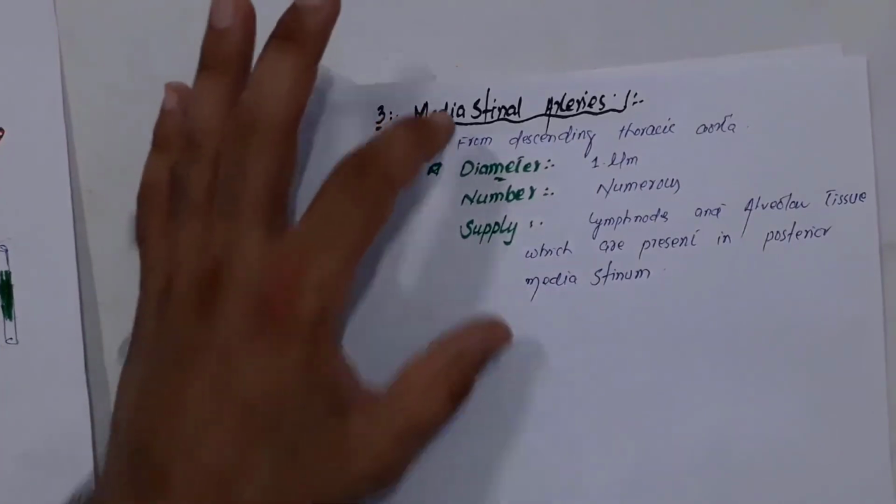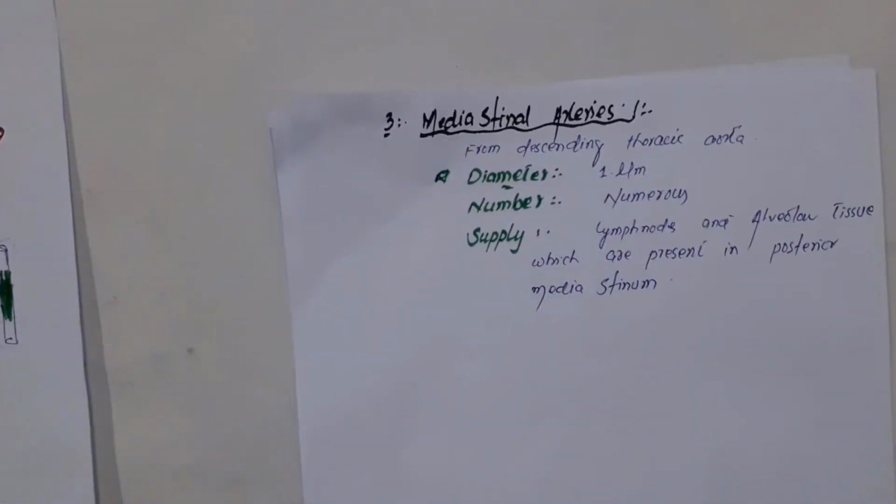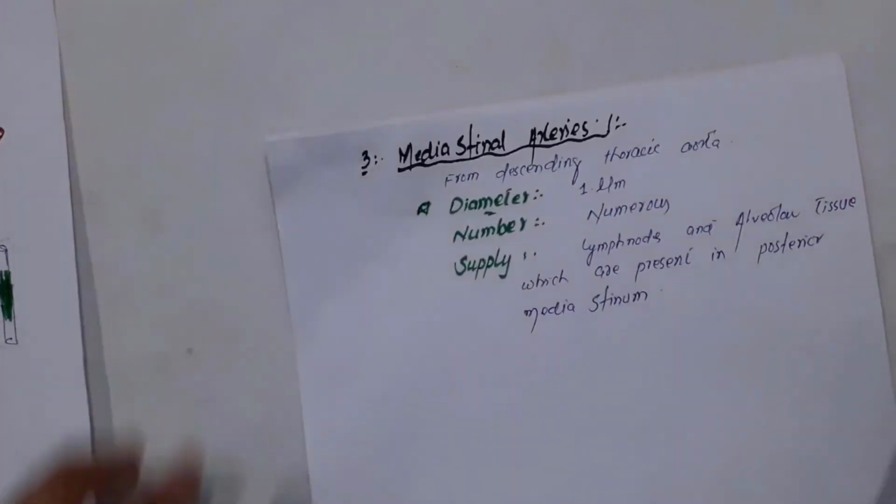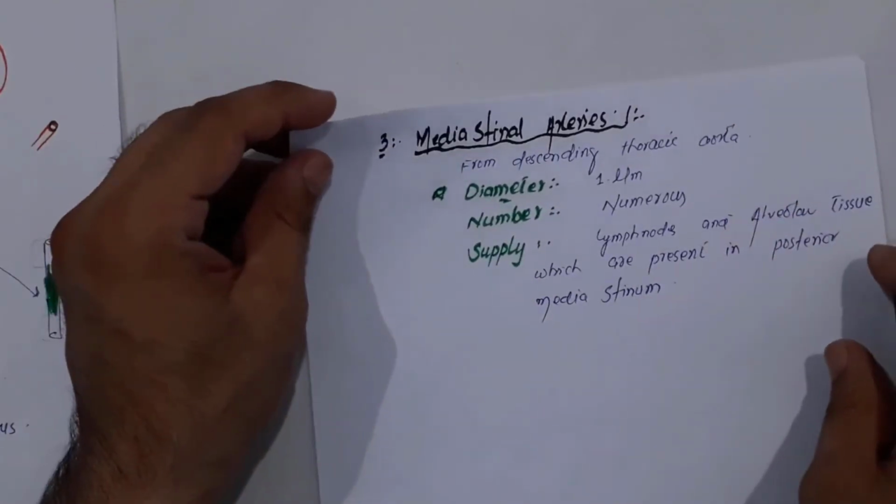So these are the mediastinal arteries, right? So these were the branches.